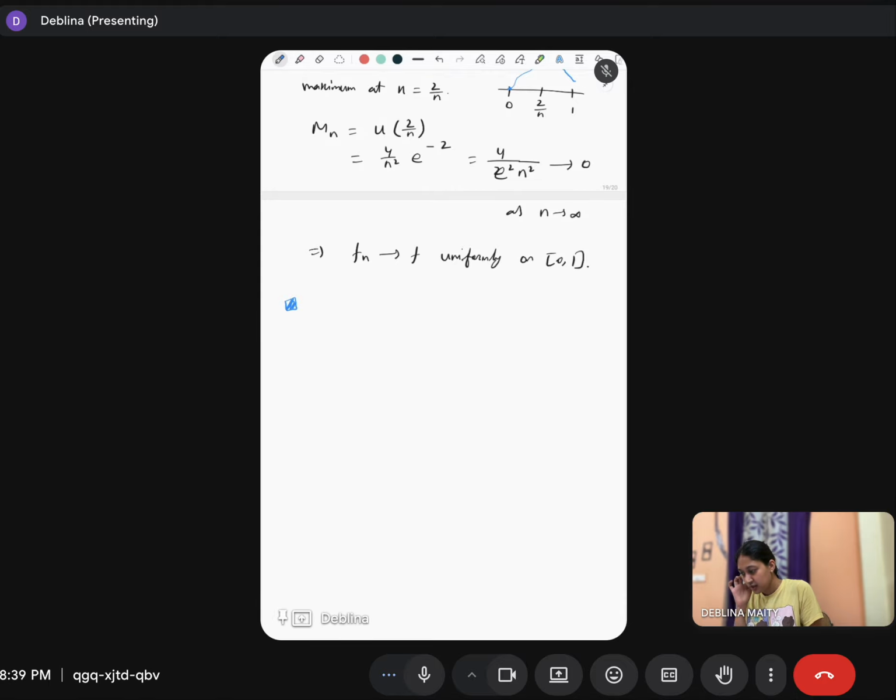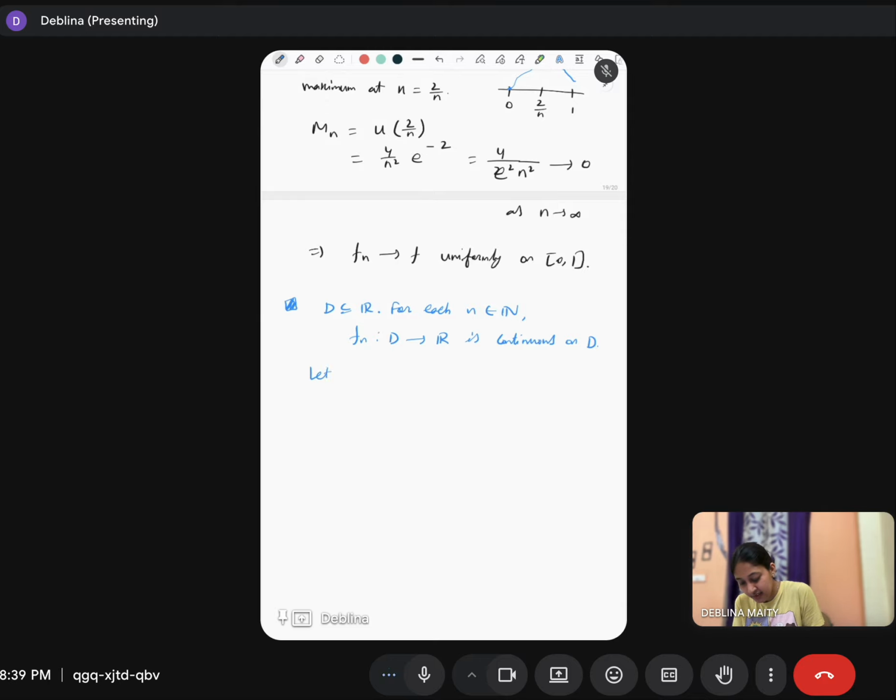Now let D be a subset of R, and for each n belonging to N, F_n, which is defined from D to R, is continuous on D. Right?